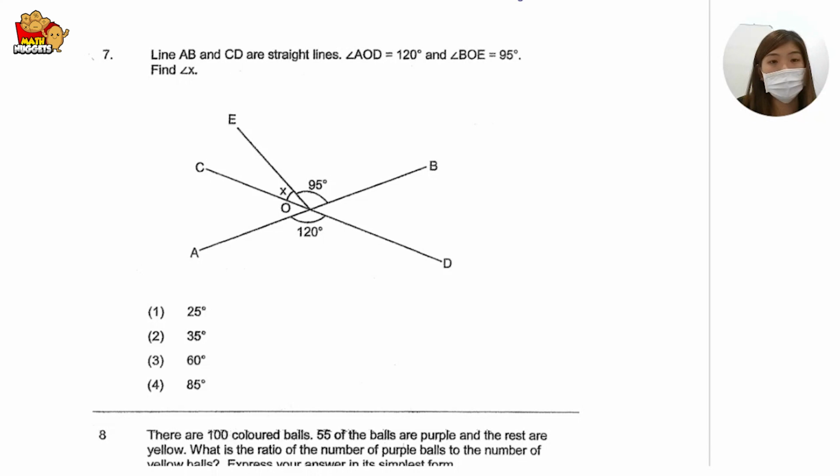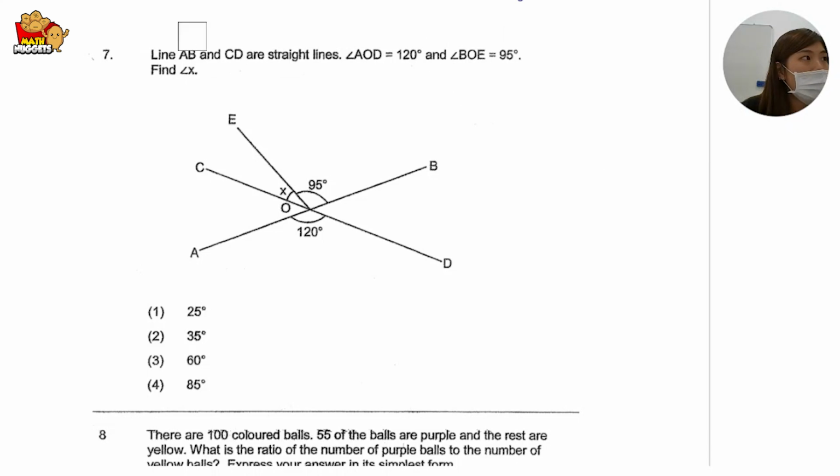Question 7. Line AB and CD are straight lines. AOD is 120 and BOE is 95. Find X. So the keywords: AB and CD are straight lines, right?